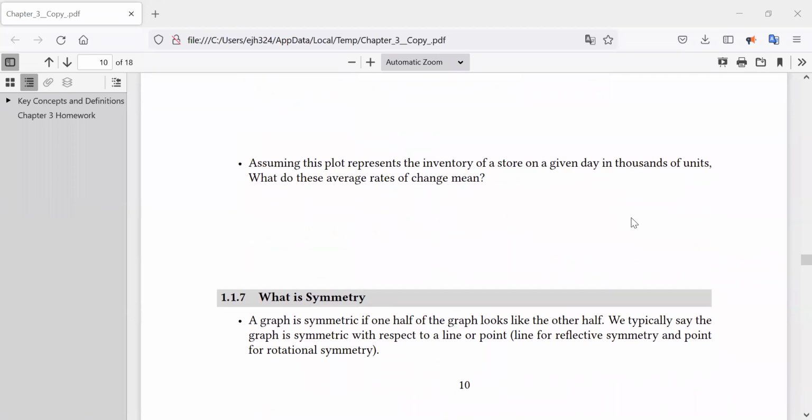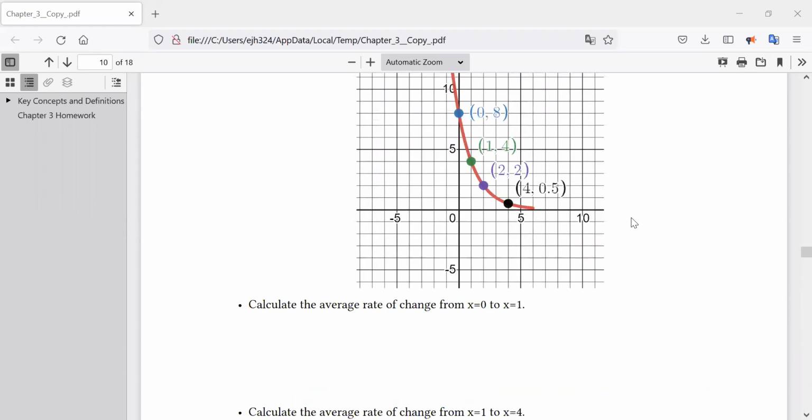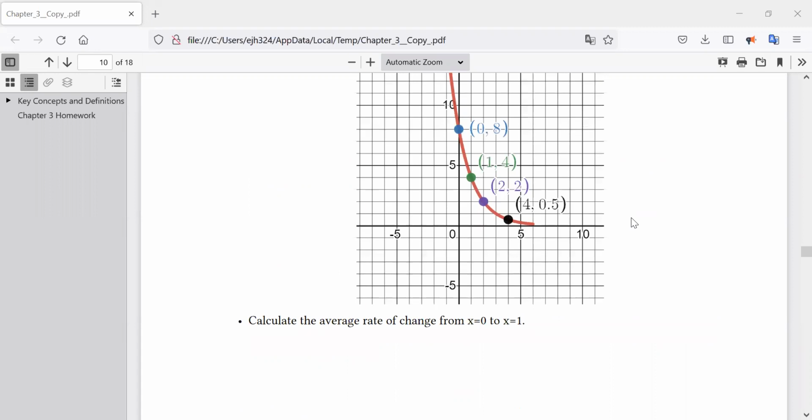So assuming that this plot represents the inventory of a store on a given day in thousands of units, what do these average rates of change mean? Let's say we're GameStop and we need the PS5s.